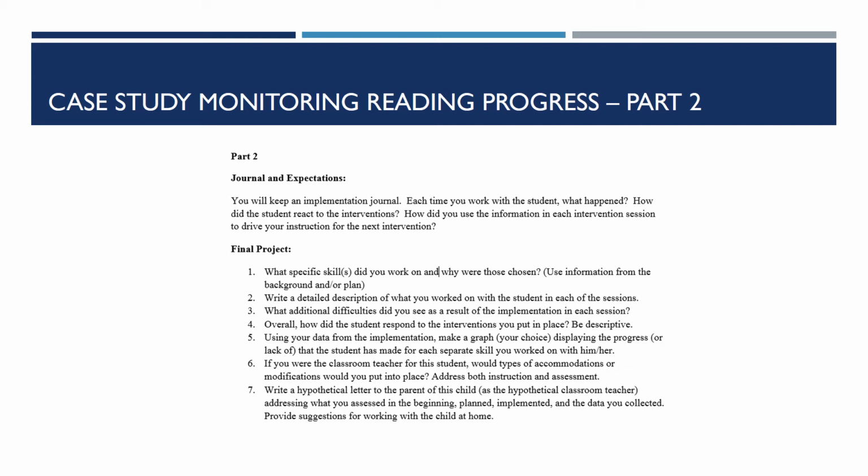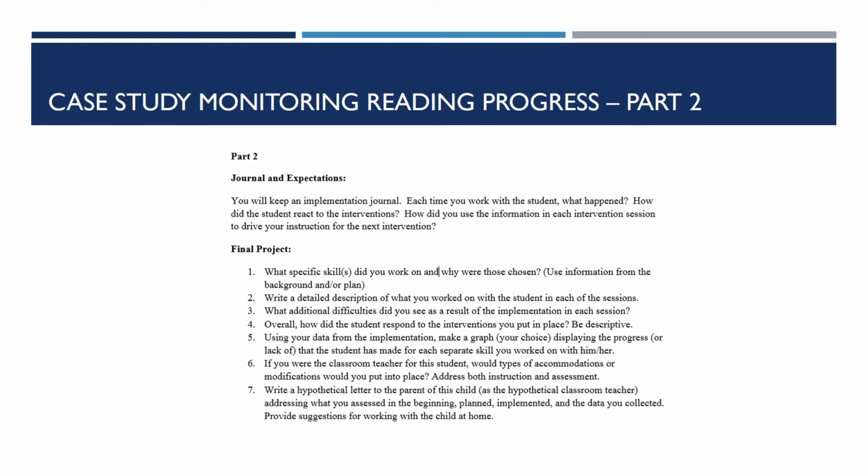Then that's your information, but how you're going to write it up is the final project. Now you do not have to number these. It can be a narrative form with some headings, but you're going to start with what specific skill did you work on, why was it chosen? So you're going to use the information from your background and plan. Then you're going to write a detailed description of what you worked on with Garrett in each of those sessions.